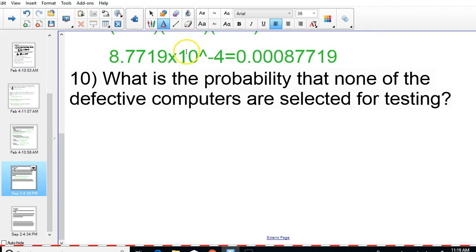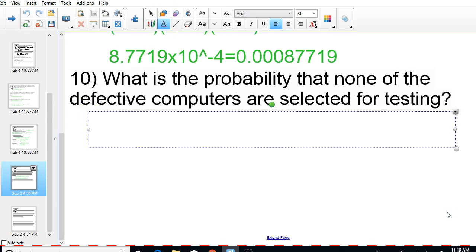So in this case, you've got 17 good computers out of 20. Then you'd have 16 out of 19, and then 15 out of 18.